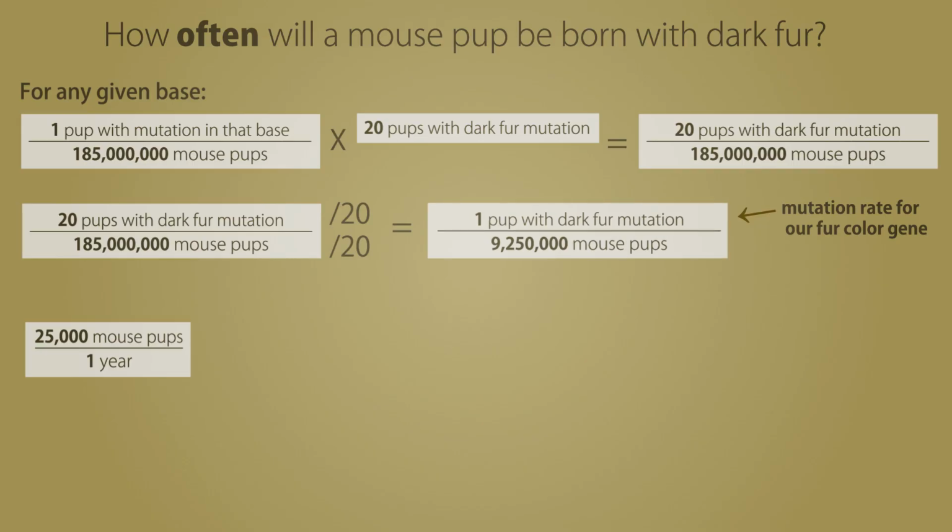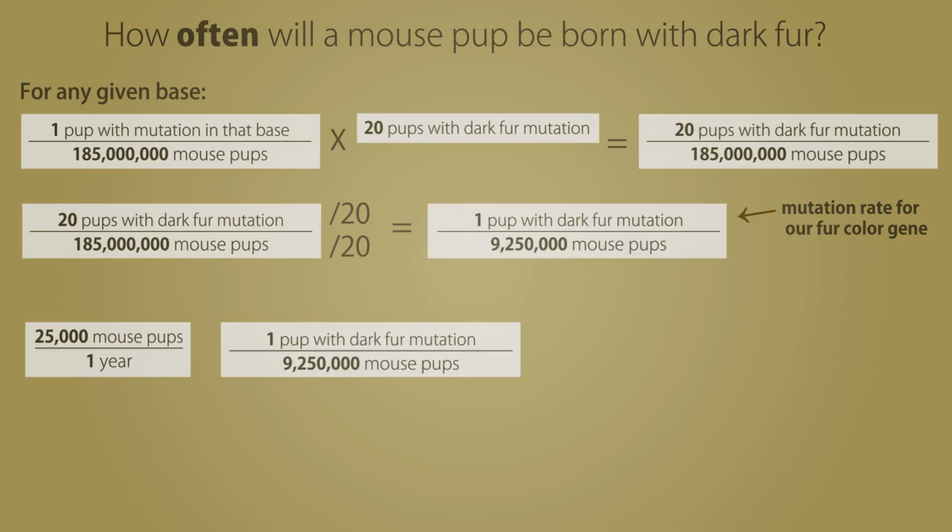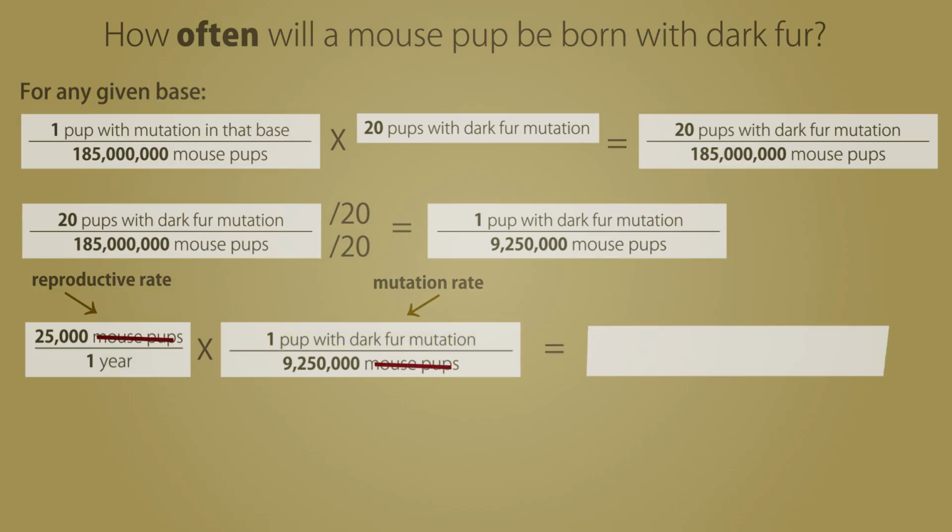So, we figured out that every 9.25 million pups will have a dark fur mutation. That's the mutation rate. And now we know every year we get 25,000 new pups. That's the reproductive rate. By multiplying these two rates, we can isolate the time unit in years for the dark fur pups. Using unit cancellation, we can cross out mouse pups, and then multiplying this fraction across the top, 25,000 times 1 is 25,000.